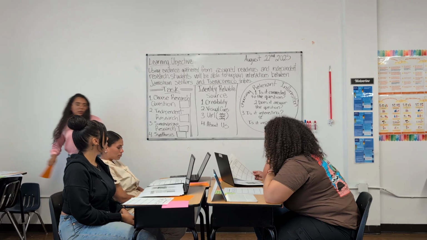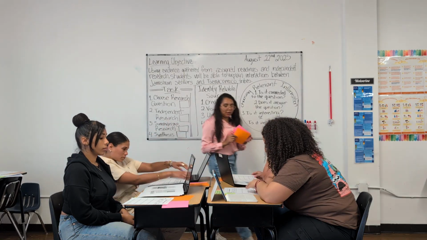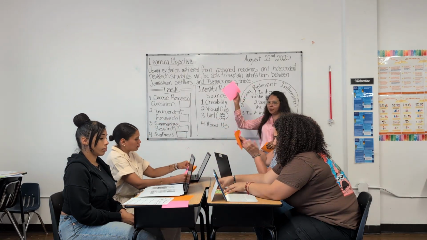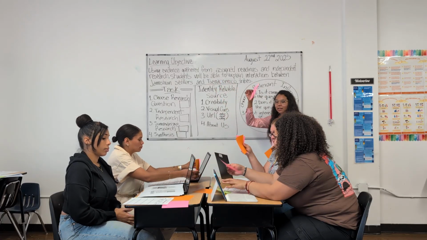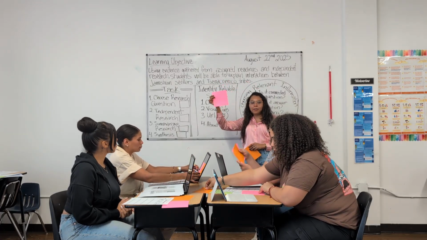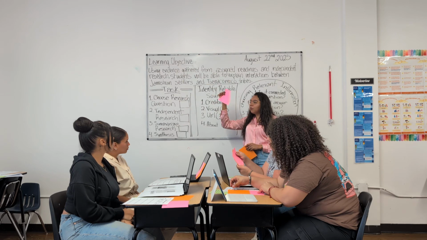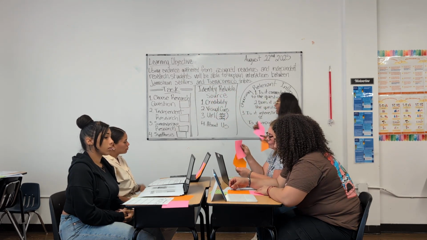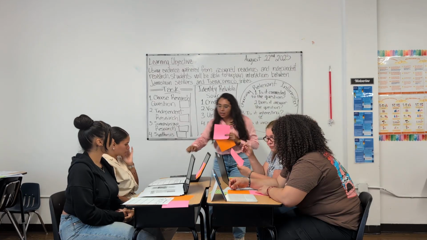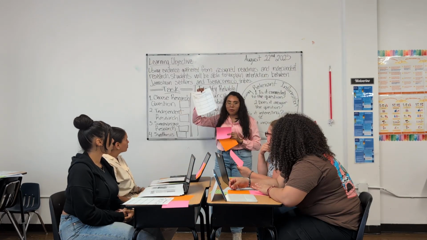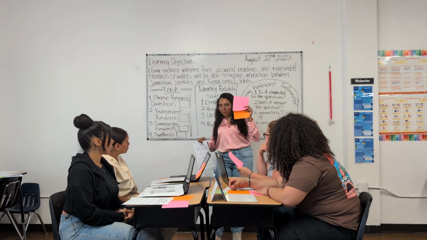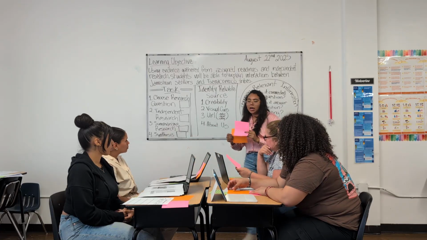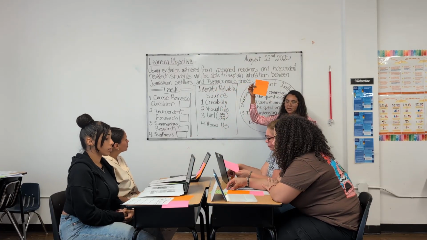In front of your desk, you also have 2 sheets of paper, okay? We have a pink sheet of paper. In this pink sheet of paper, I would like you to please write the interesting facts, okay? That way we can differentiate between the important facts and the interesting facts. And you have an orange paper, okay?